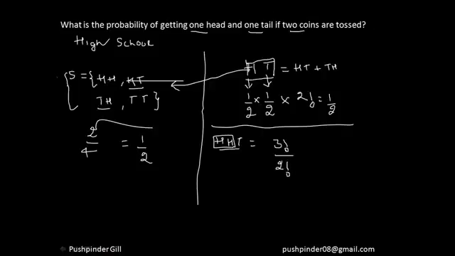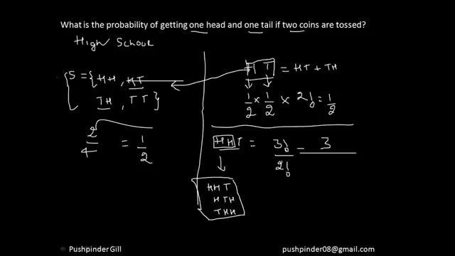If I solve it, this comes out to be 3. Even if you list the possibilities, one is HHT, one is HTH, and the other is THH.